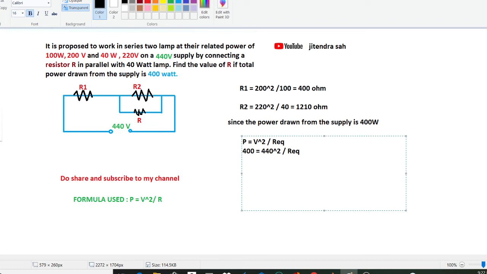Here R equivalent can be written as 440 square upon 400.